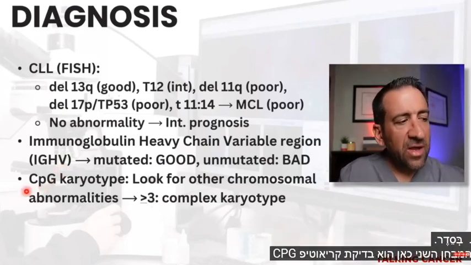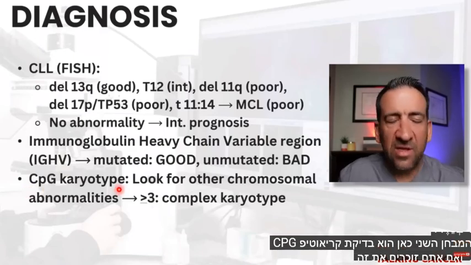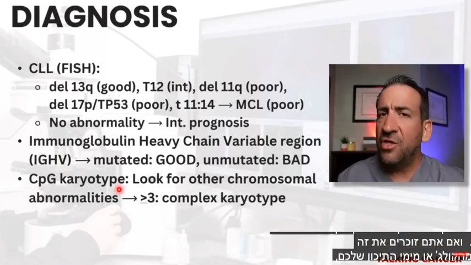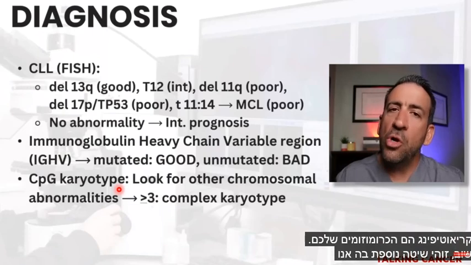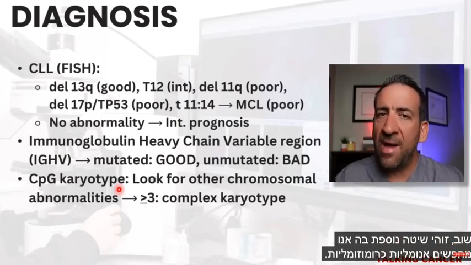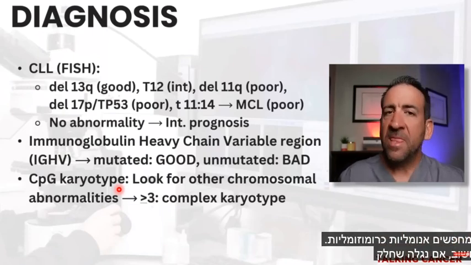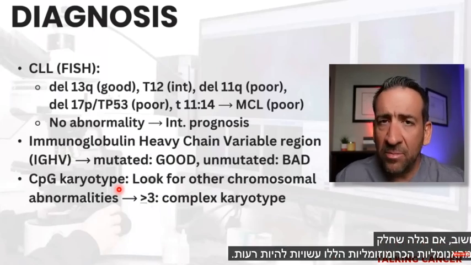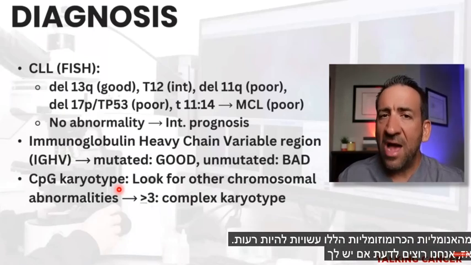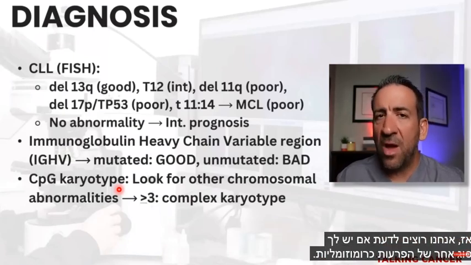The other test here is CpG karyotype testing. And if you remember from college or your high school days, karyotyping are your chromosomes. Once again, it's another method that we're looking for chromosomal abnormalities. And again, some of these chromosomal abnormalities may be bad. So we want to know if you have some other type of chromosomal abnormalities.